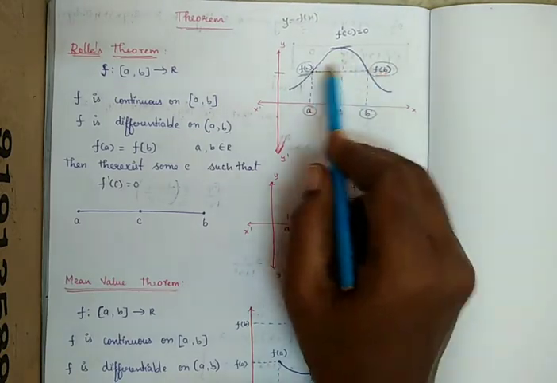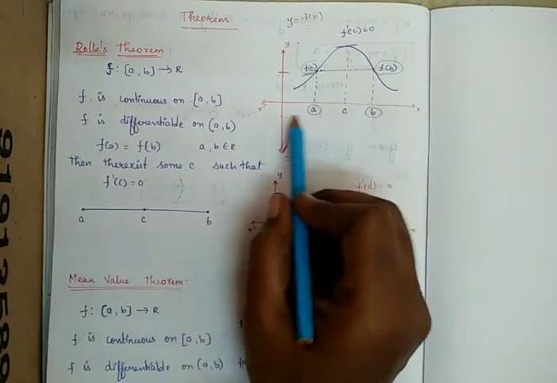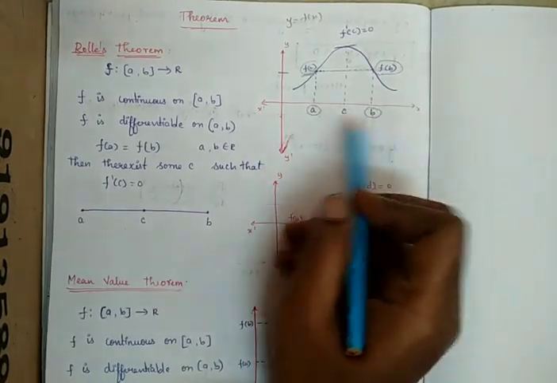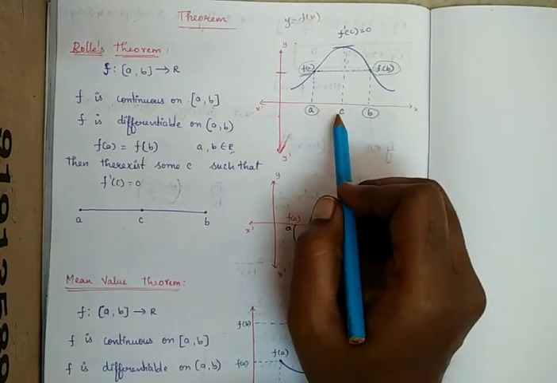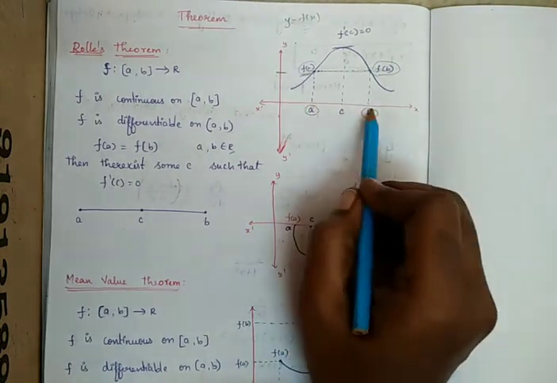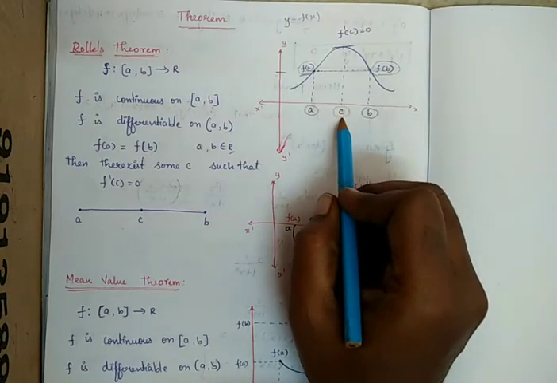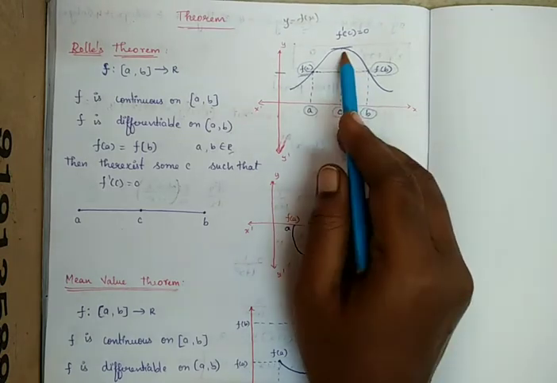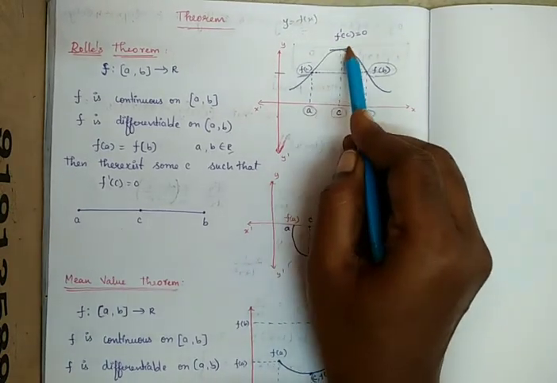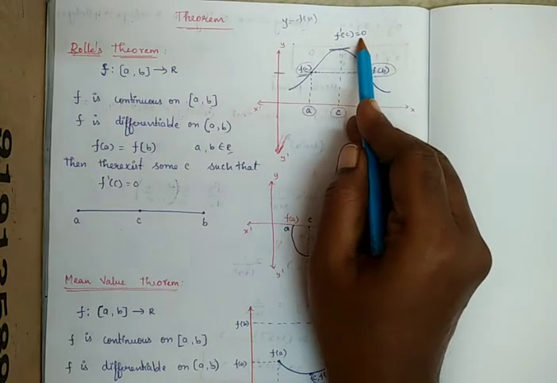These two are equal, where a and b belong to R. If this is so, then there exists a point between a and b. That point is c, such that if I find the derivative at this point, it will become 0. f'(c) = 0.